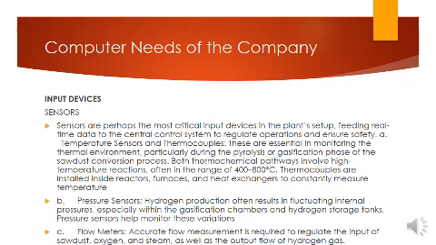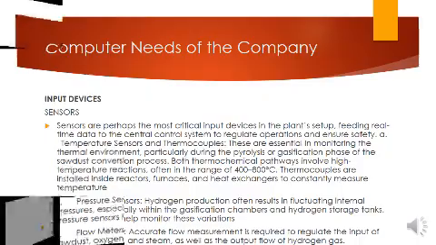These sensors detect and then send accurate and real-time data to the control room. The kind of parameters they measure, as some examples, are temperature, pressure, and then the flow rate. And then they have their respective sensors associated with them.